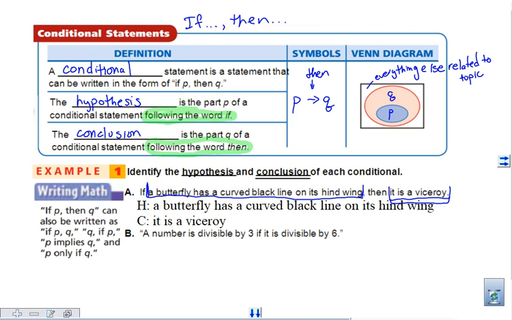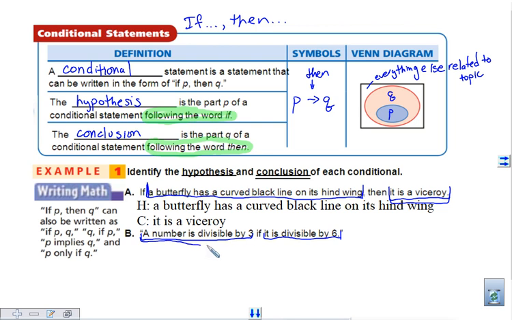So our next one: a number is divisible by 3 if it is divisible by 6. So this next one, what's our hypothesis? It is divisible by 6. And what's our conclusion? A number is divisible by 3.